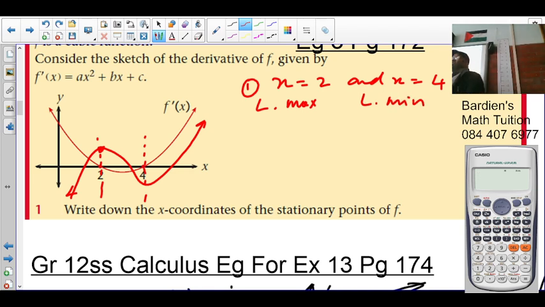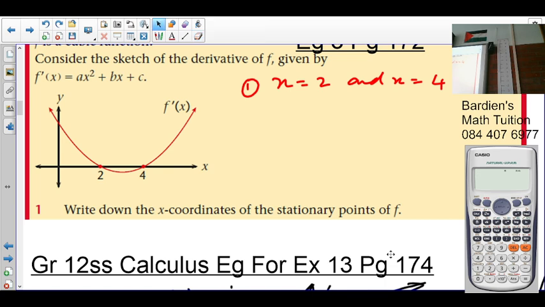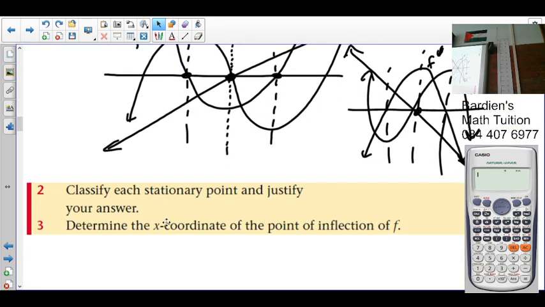The graph is turning at 2 at the maximum and at 4 at the minimum. But did the question ask you that? No. I'm just thinking of the commonly asked questions around these things.